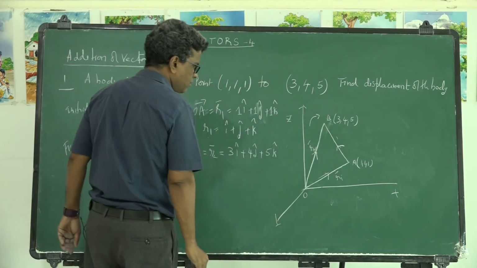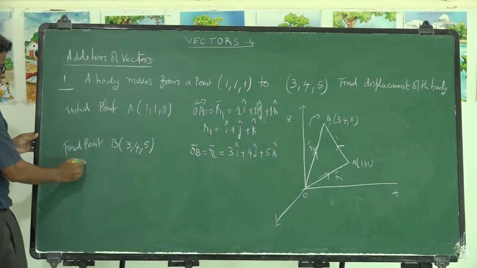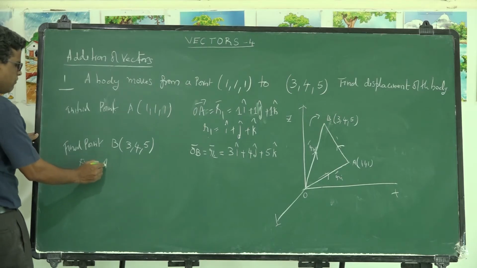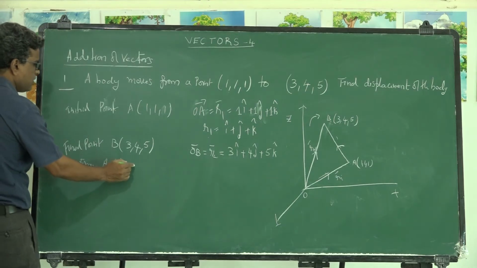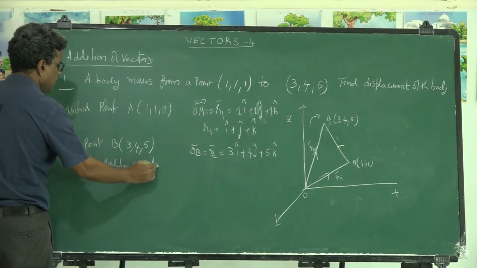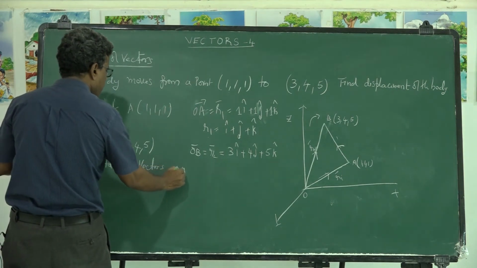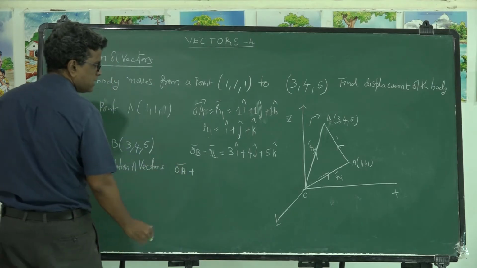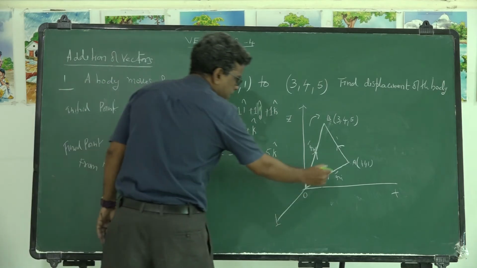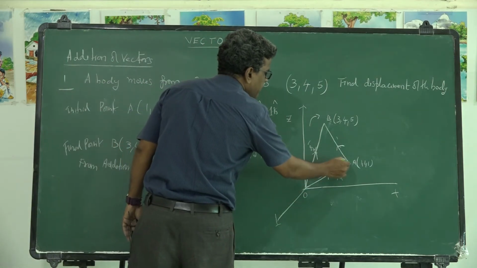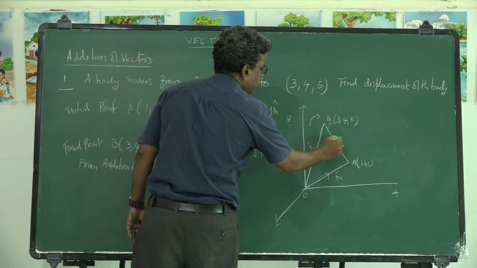So from geometric addition of vectors, what do we have? OA bar, the first vector, and the second vector I take as AB bar, that starts from the head of the first vector, the tail of the second vector.